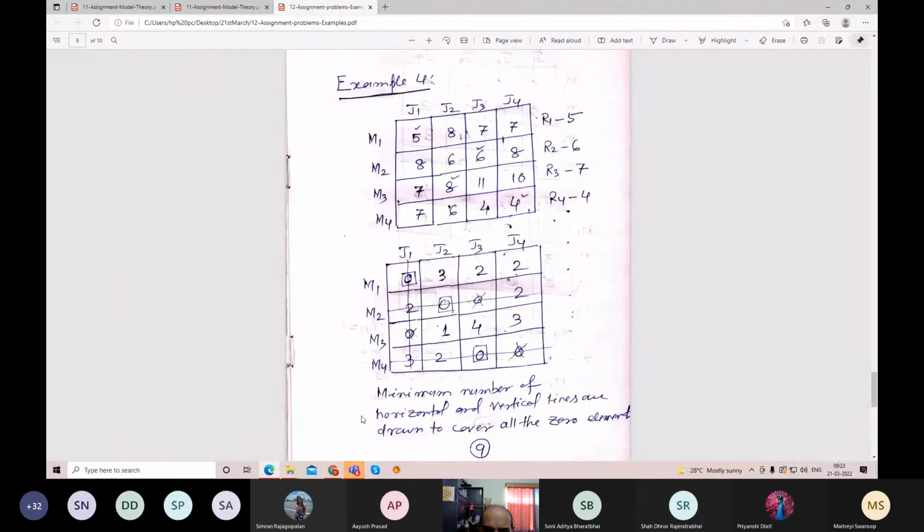Okay, so these are the 0s and we try to assign. So after assigning, in the first row, once you have assigned, the other 0 you can cancel here. In the second row there are 2 elements we cannot assign, and in the third row there is no 0, and in the fourth row there are 2.